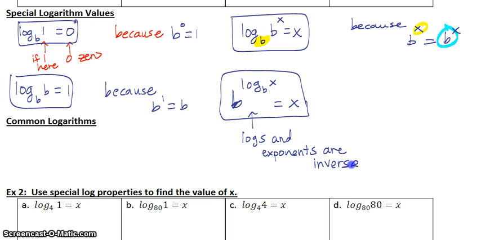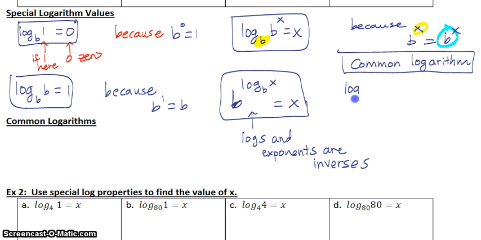Last but not least, I want to teach you about something called the common logarithm. If I have log base 10, it is actually used a lot in different scientific formulas and things. So if I have log base 10 of anything, you actually don't have to write the 10, and you just write log of x.